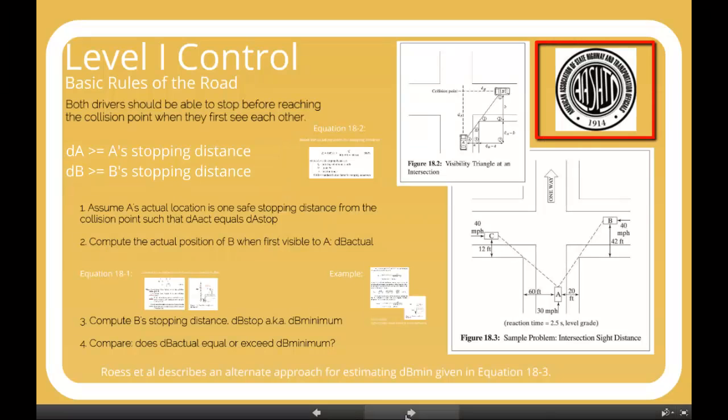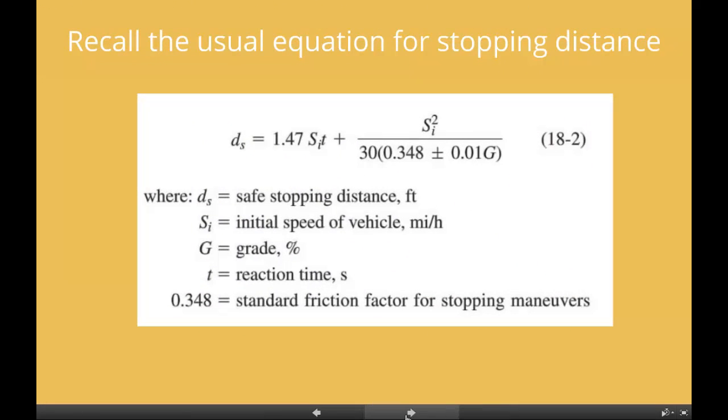This recommendation comes from AASHTO, the American Association of State Highway and Transportation Officials. Here we recall that stopping distance is the sum of reaction distance plus braking distance, and that certain assumptions are made regarding operating speed, reaction time, deceleration rate, and/or friction factor.